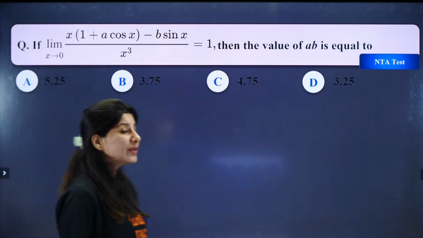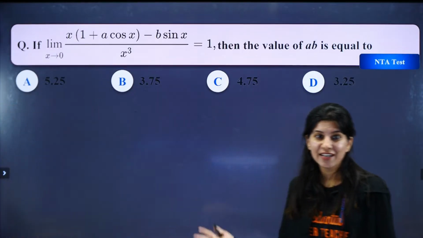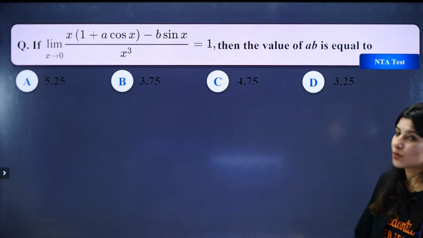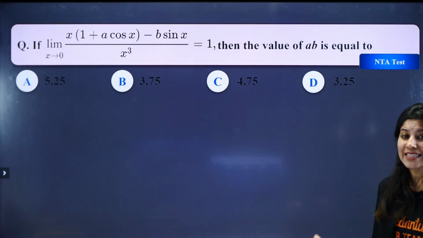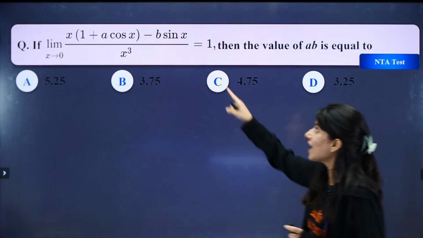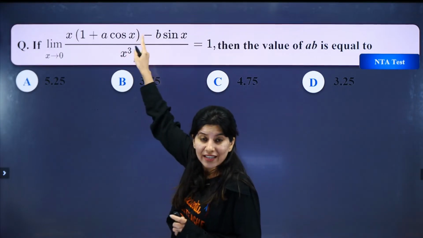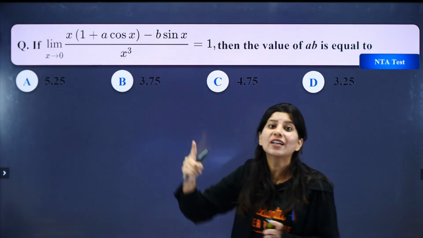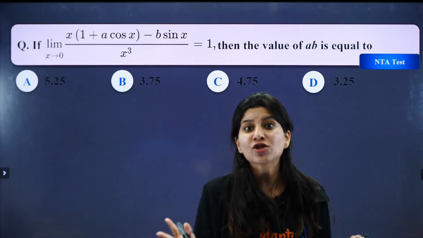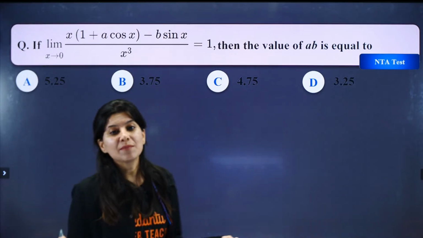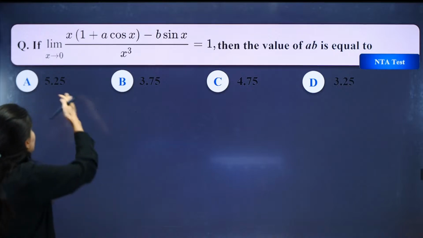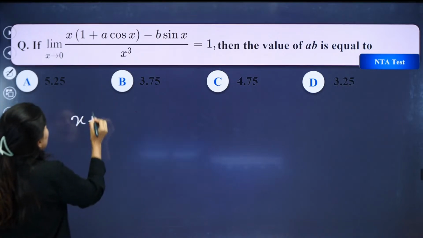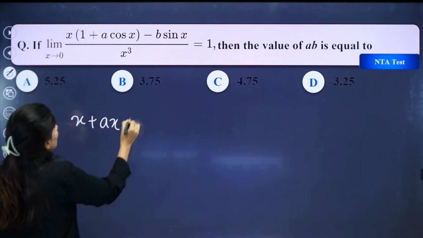Now we are left with one more question of limits. So say we have this question, and again this is NTA's favorite question where they hide the constants. Whenever they hide constants, always remember expansion. Expansion can make your life really, really easy. So this is x. Plus we have a times x cos x.